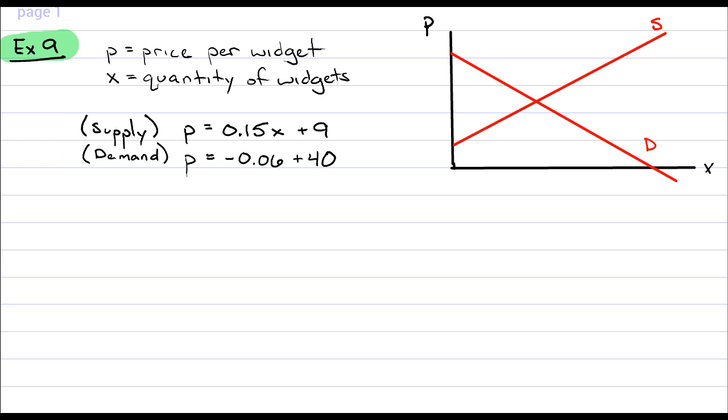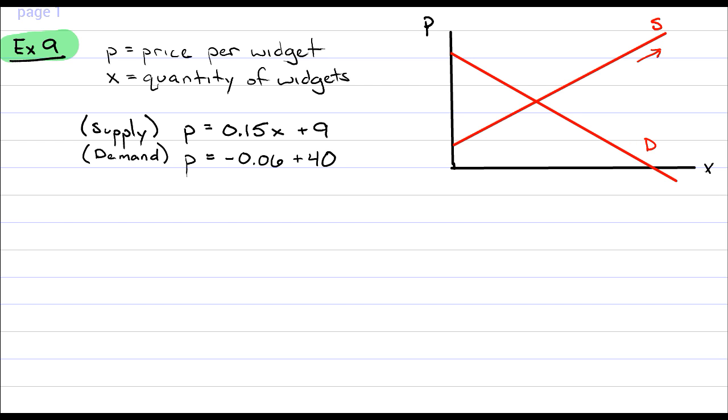Looking at the supply line first, you can see that it has a positive slope. One way of interpreting that is that the price per widget and the quantity of widgets being supplied are positively related. In other words, if you want the supply for widgets to increase, then the price also has to increase.